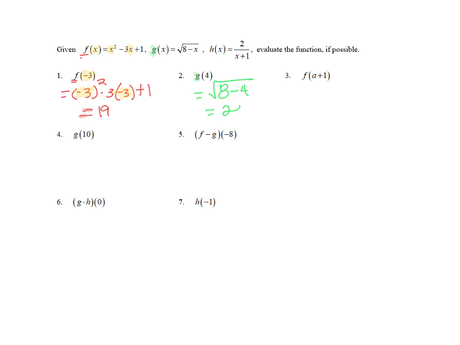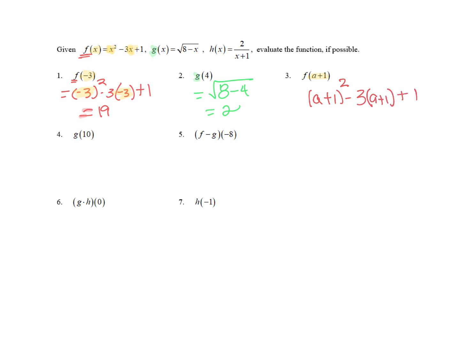So let's look at number 3. I'm back to using the f function. So f of a plus 1 means that I'm going to put a plus 1 everywhere there's an x. So you're going to do a plus 1 squared minus 3 times a plus 1 plus 1.